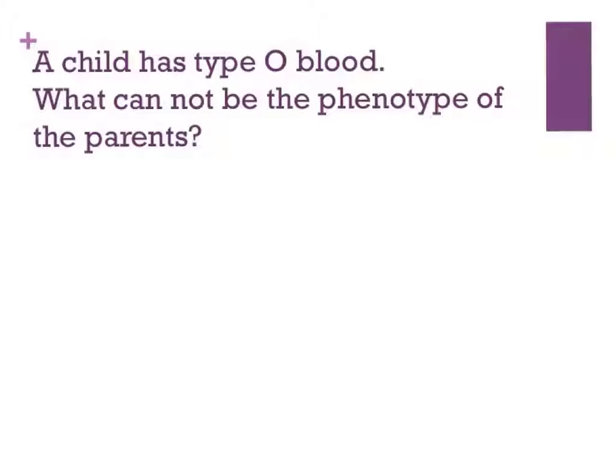We know a child has type O blood, which means that their genotype is little i, little i. What cannot be the phenotype of their parents? Well, we know they had to get the little i from one parent, and they had to get the little i from the other parent. Other than that, things are open here.